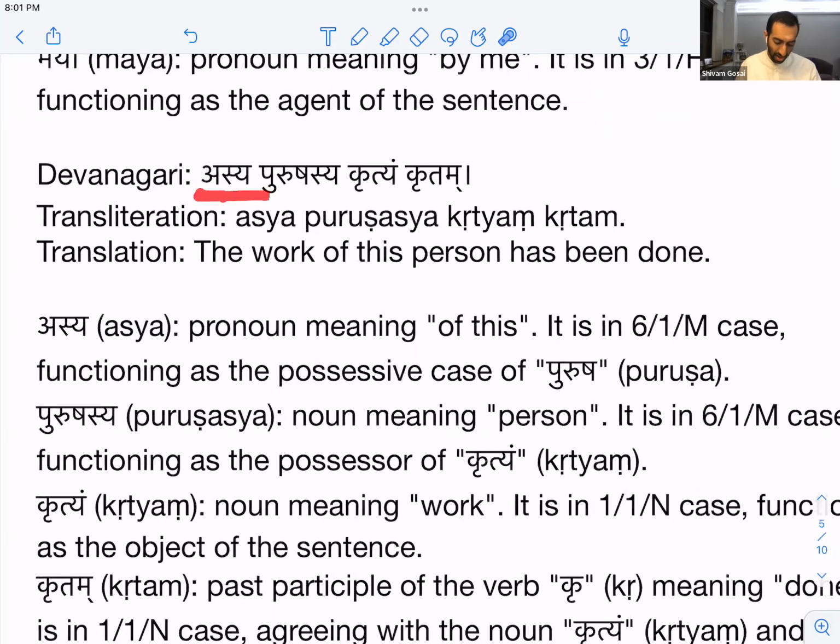Of this. Okay, let's look at Purushasya. This is Shashti Vibhakti Ekavachanam 6-1, Punlinga. So far we know of this person.